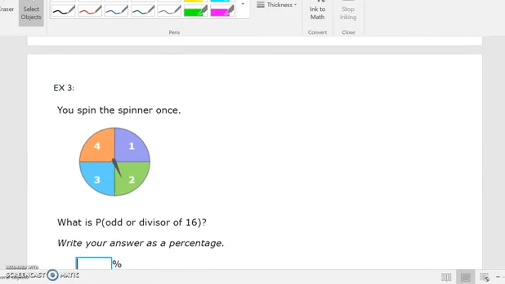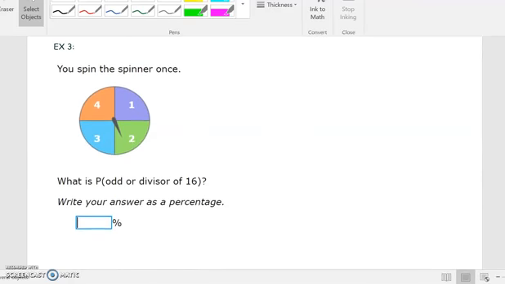For example number 3, you spin the spinner 1 time. What's the probability that you land on an odd number or a divisor of 16? So the chances of me landing on an odd number, so my options are a 1, a 2, a 3, and a 4. So my odd numbers are 1 and 3.